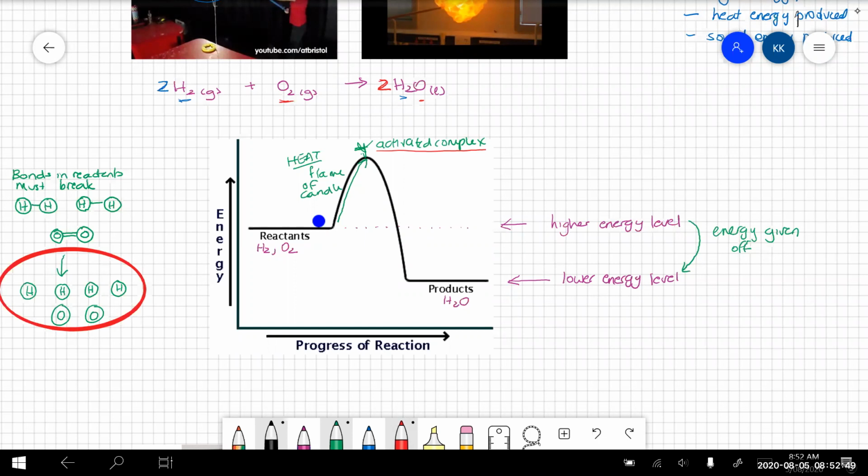And then as our new bonds form, to make 2 waters, what happens here is that the bond breaking requires energy. And the bond making releases energy.